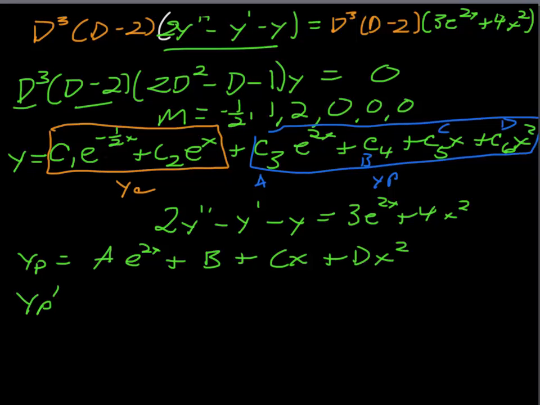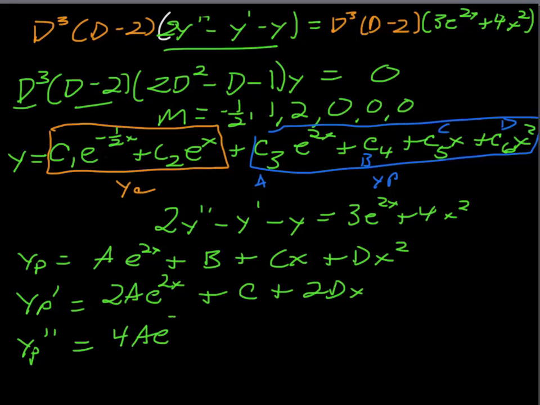So yp prime is 2a e to the 2x plus c plus 2dx. Yp double prime is equal to 4a e to the 2x plus 2d. Okay, and now we're going to put all three of these into our original equation. And so we'll do that next.